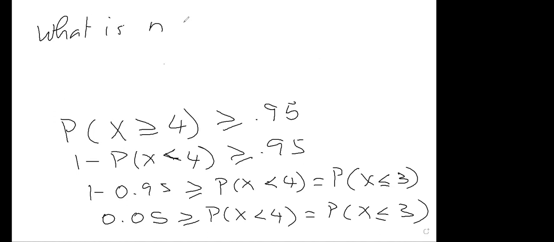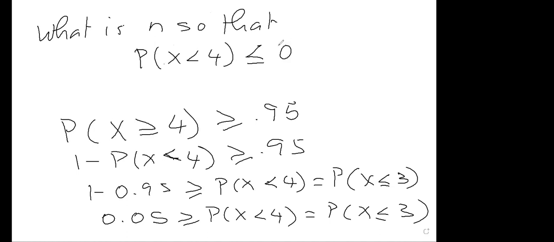What is n, so that the probability that x is less than 4 is less than or equal to 0.05? This is what is here that I have reproduced. Let's have that in mind. How many seeds should we buy to be 95% sure that at least 4 of them will germinate?